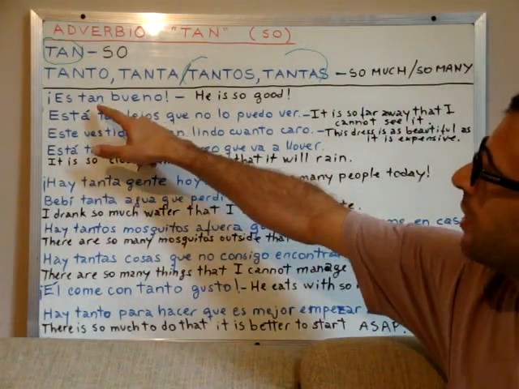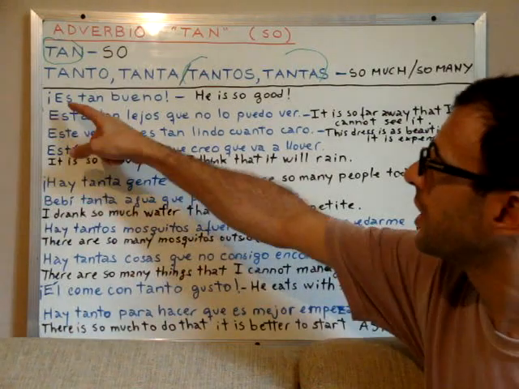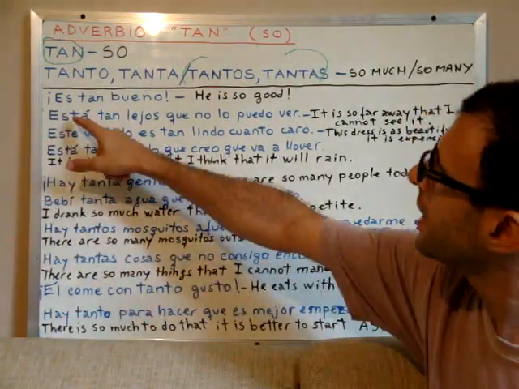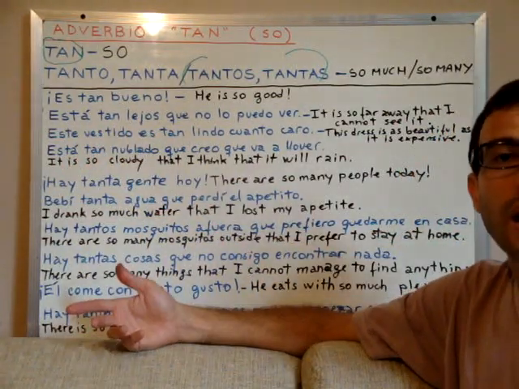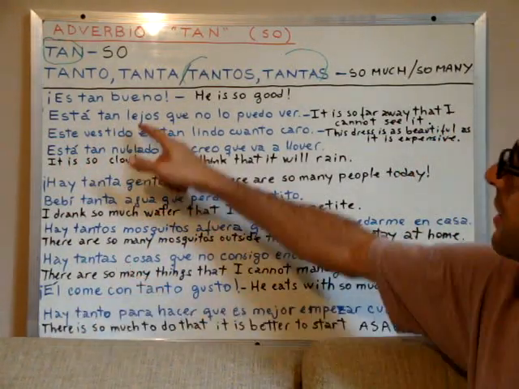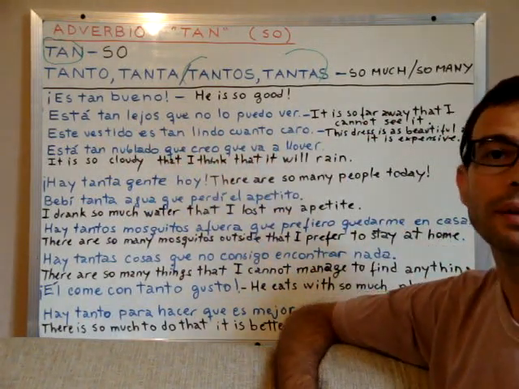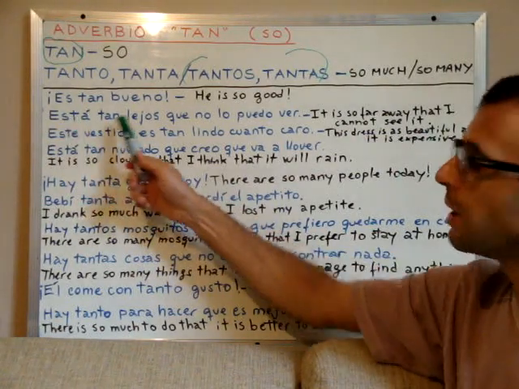So, since here I'm saying so good, I assume it is a human being, then I assume it is a he or a she, right? And here, it is so far away that I cannot see it, so I am assuming here it is an object, okay? But it could also be a person.